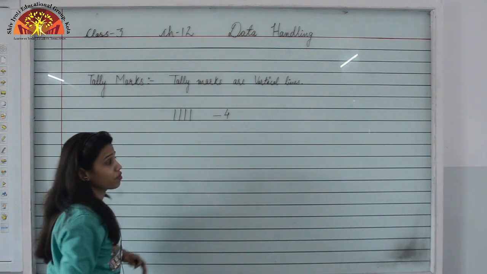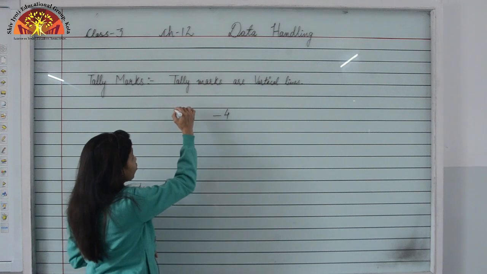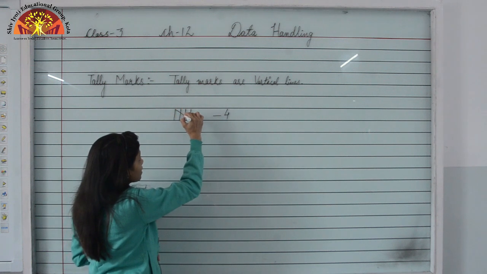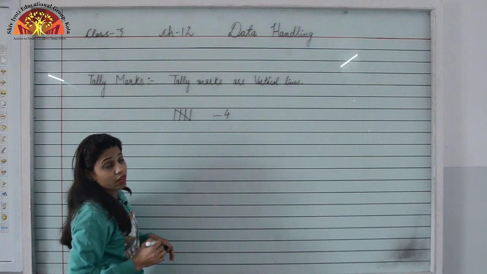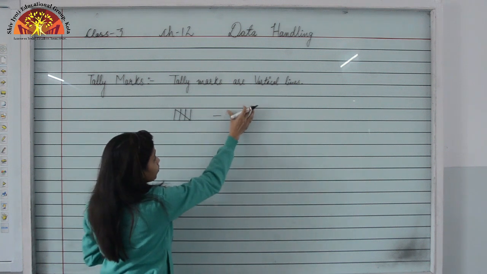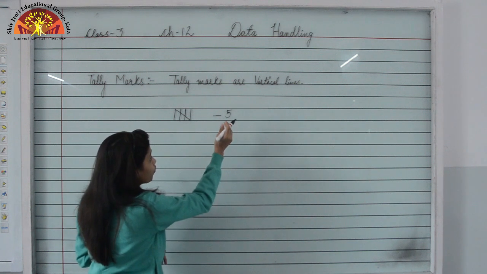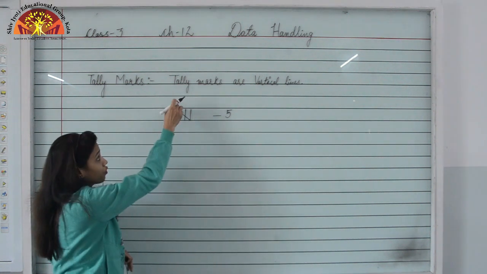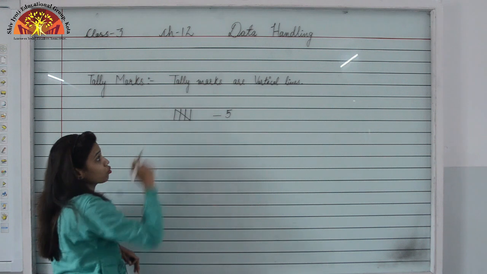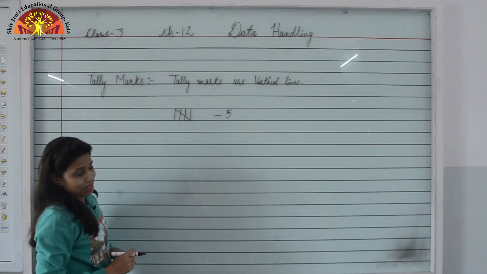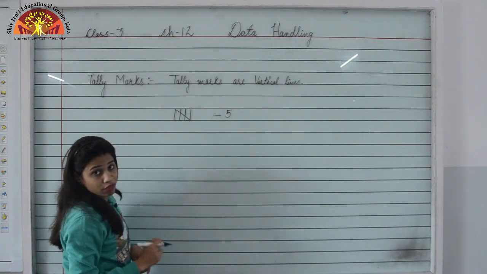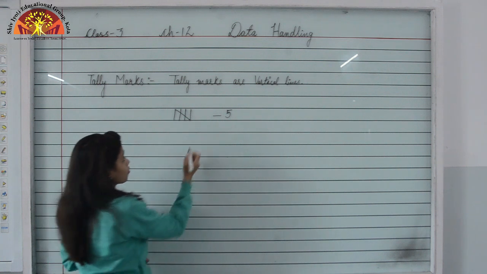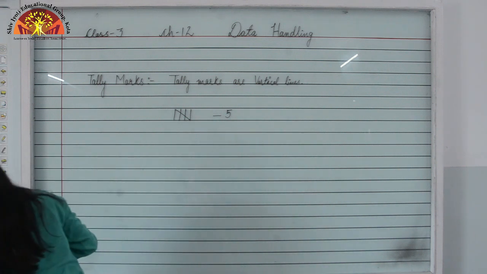Now for the 5th observation what do we have to do? We have to cross these 4 vertical lines like this. Now this represents 5 observations. Means for the 5th observation we are not going to draw a separate vertical line. For the 5th observation we are going to cut these 4 vertical lines. Now for the 6th observation again what are we going to do?